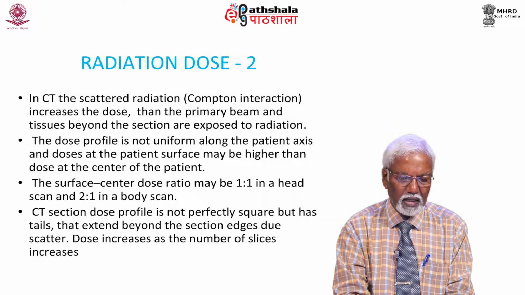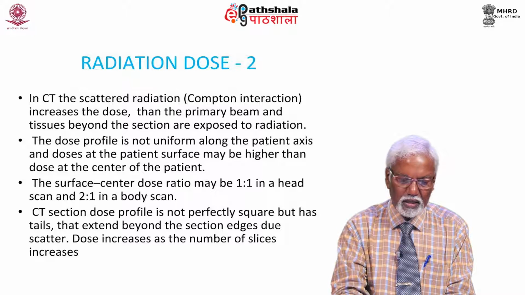The surface to center dose ratio is in the order of 1:1 in head scan and 2:1 in body scan. The CT section dose profile is not perfectly square but has tails that extend beyond the section edges due to scatter. Dose increases as the number of slices increases.